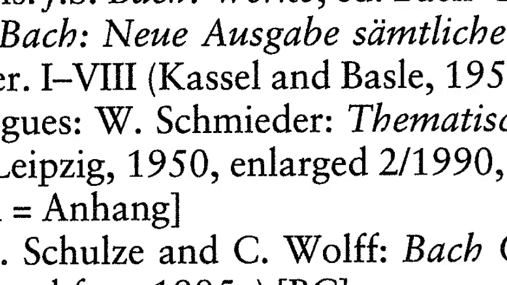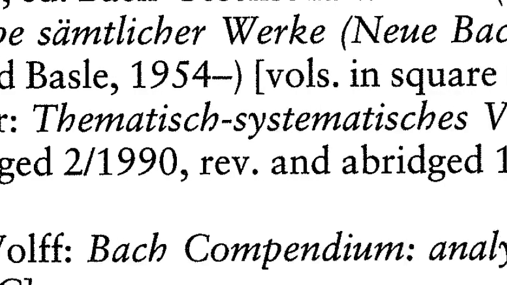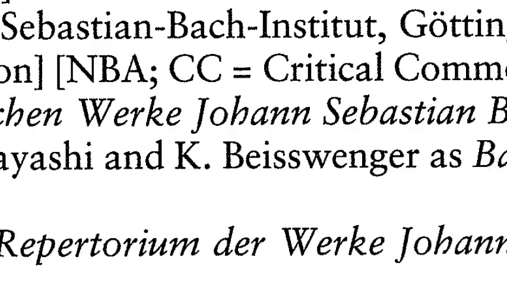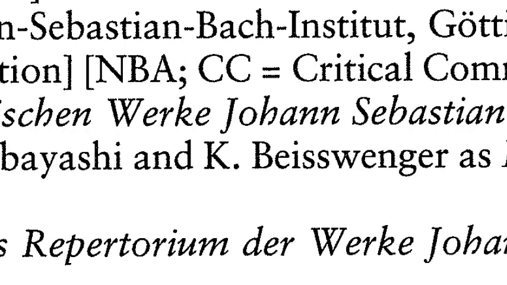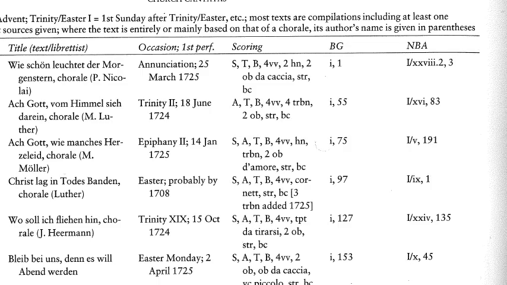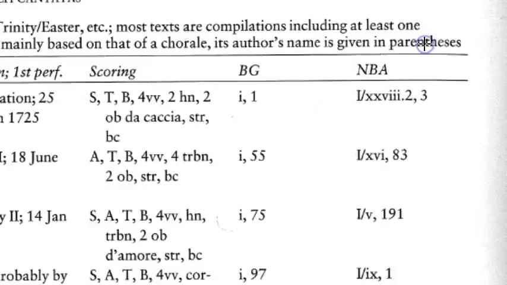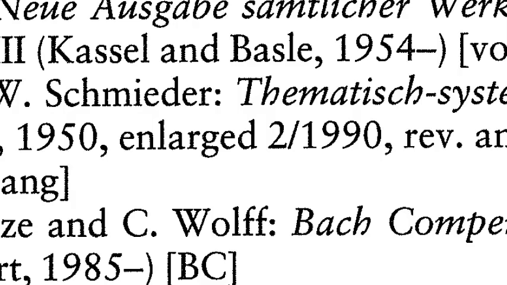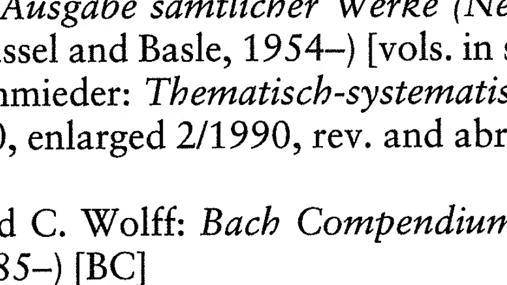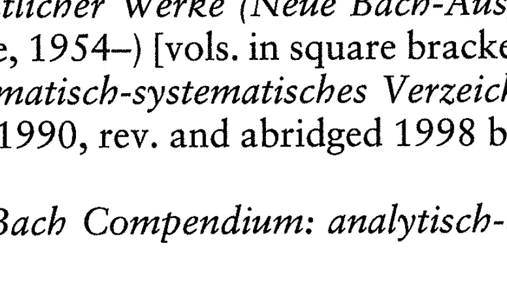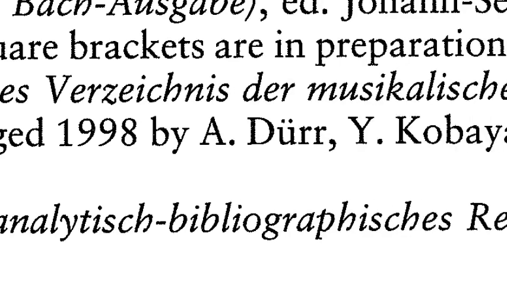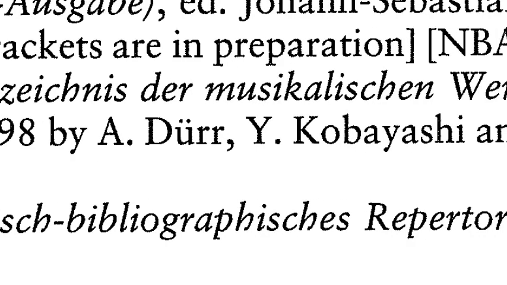We also see a reference to the 20th century edition commonly known as the Neue Bach Ausgabe, abbreviated as NBA. This collection was begun in 1954 and remained unfinished at the time the New Grove article was prepared for publication. The works list references some forthcoming volumes.